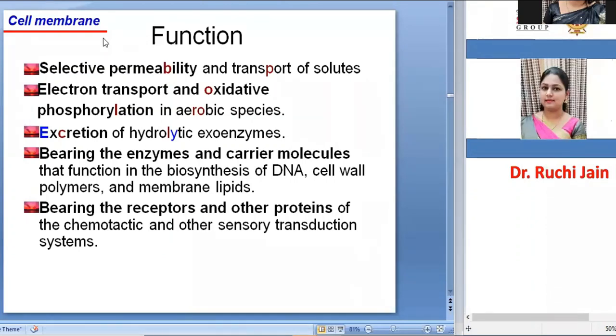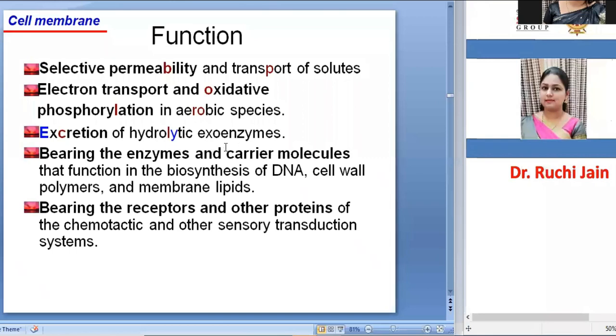So the function of the cell membrane is that it is selectively permeable to various types of solutes, and it can help in the transport of solute material. It can help in electron transport and oxidative phosphorylation in the aerobic process. Excretion of hydrolytic exoenzymes will be from the cytoplasmic membrane only.